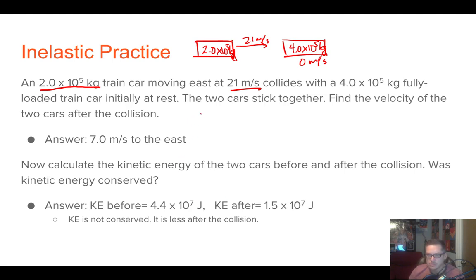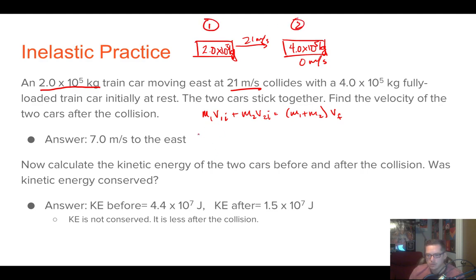So really we can just jump straight to our formula. We know that m1v1i plus m2v2i is going to be equal to m1 plus m2 times vf. Okay, so m1, we'll just call this one 1 and this one 2, just to make life easy.